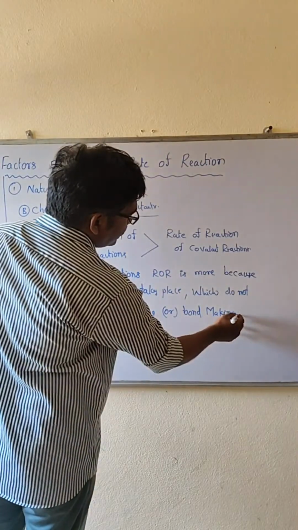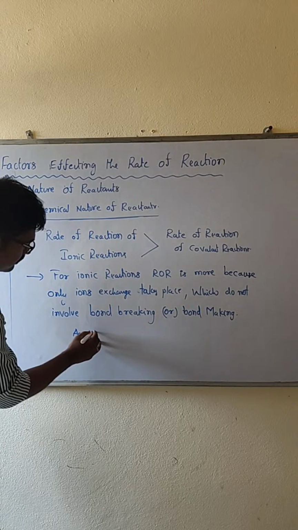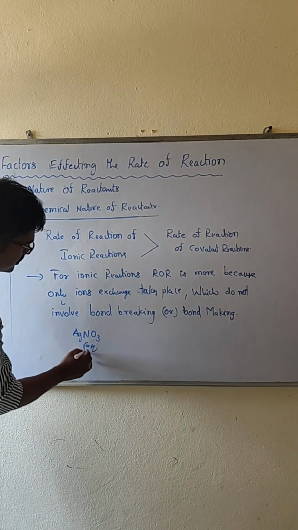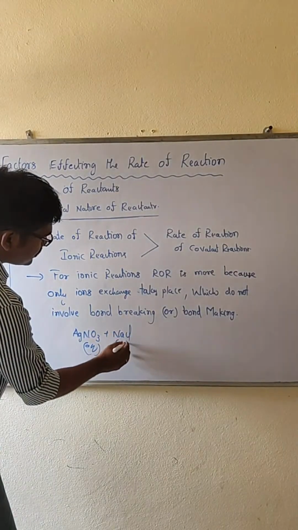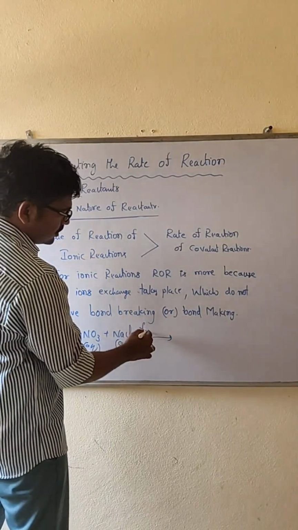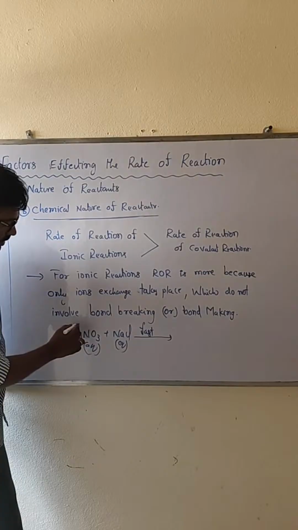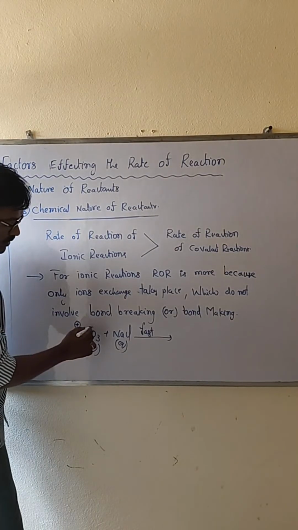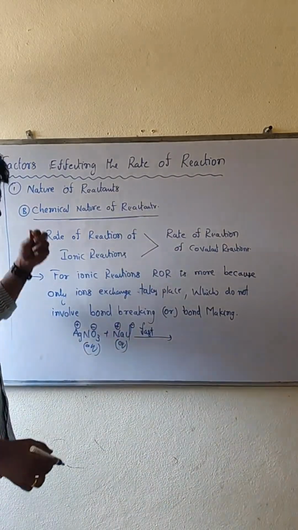See, for example, AgNO3 solution present in the aqueous state, then NaCl solution present in the aqueous state. When both react, this is actually a fast reaction. See here, Ag is plus, NO3 is minus charge, Na plus charge, then Cl minus charge.